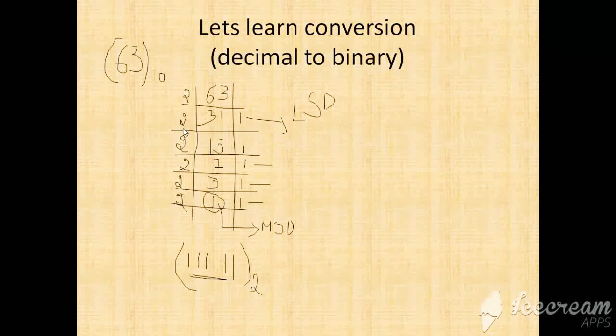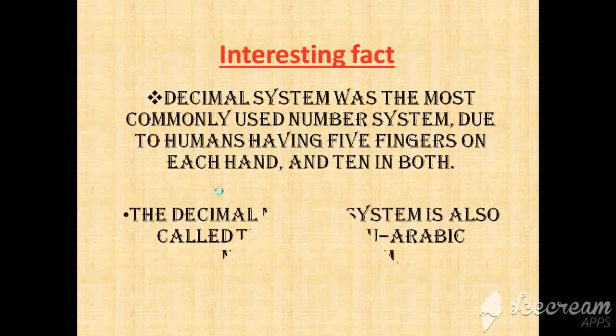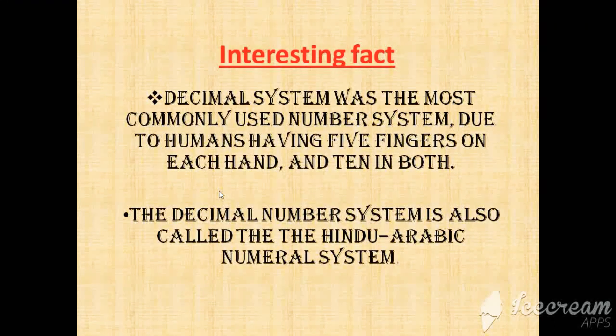Do the prime factorization, which you have done in junior classes. And the trick is this: the moment you get the 1, you consider it the MSD, and from here you start writing the number. From the bottom you start writing the number and move upward. Clear? And this is the LSD, least significant digit. Now I hope your doubts are much clearer, right?